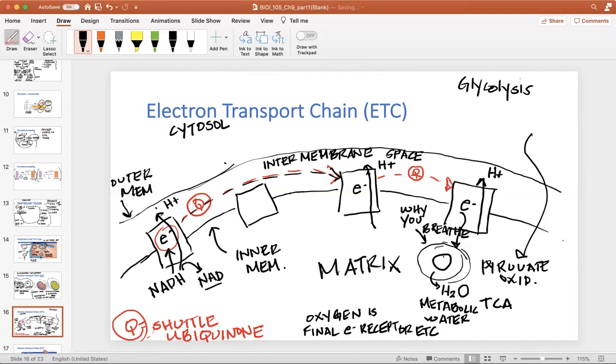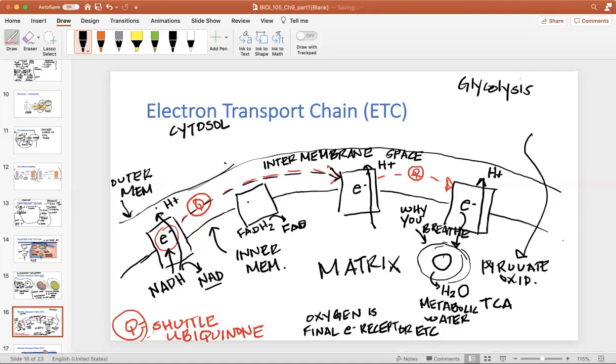And this one's going to function just the same way, only instead of accepting an NADH high energy electron carrier, this one accepts FADH2. Remember that guy? We generated two of those in the citric acid cycle. And so this protein strips, that's an FAD.